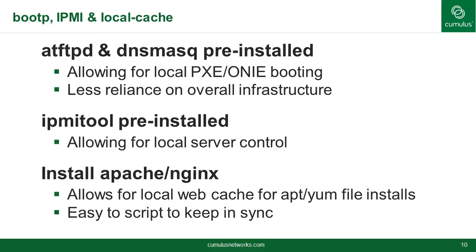Some of the other things that you can do, because this is a Linux distribution, is go and install, say, a web server, such as Apache or Nginx or whichever web server meets your operational needs. This can allow you to also do things such as having local update caches.